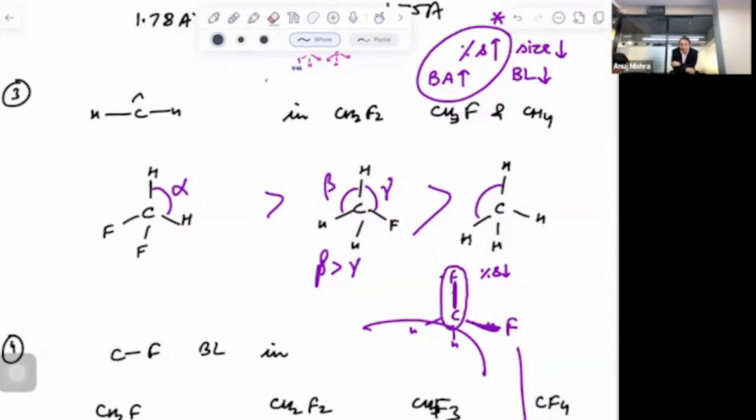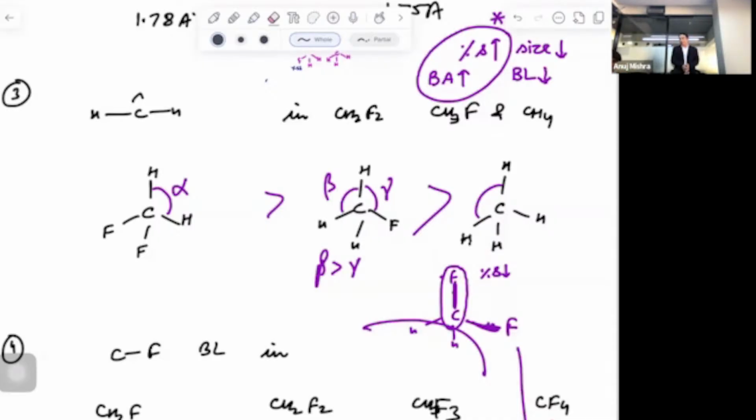Check CF4. CF4 में तो चारों ही फ्लोरीन्स हैं ना, हाइड्रोजन है ही नहीं, and they will all be at the same bond length. So CF का maximum bond length कहाँ पे निकल के आएगा? When it is CF4 alone, no hydrogen.